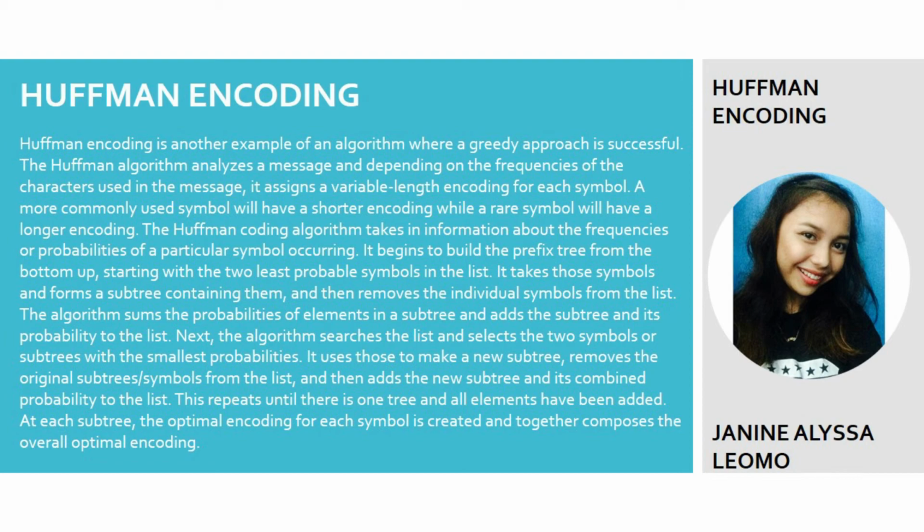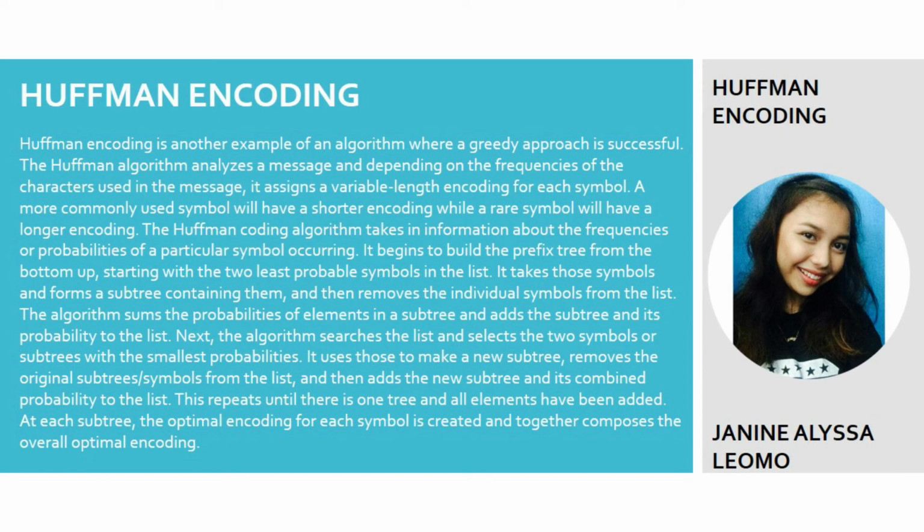The Huffman coding algorithm takes in information about the frequencies or probabilities of a particular symbol occurring. It begins to build the prefix tree from the bottom up, starting with the two least probable symbols in the list. It takes those symbols and forms a subtree containing them, and then removes the individual symbols from the list. The algorithm sums the probabilities of elements in a subtree and adds the subtree with its probability to the list.